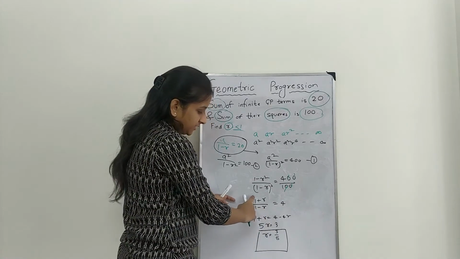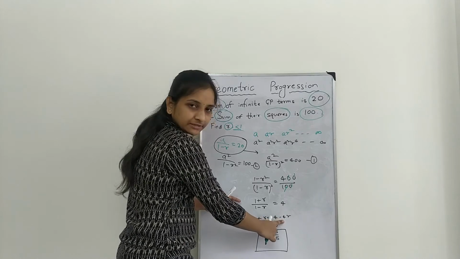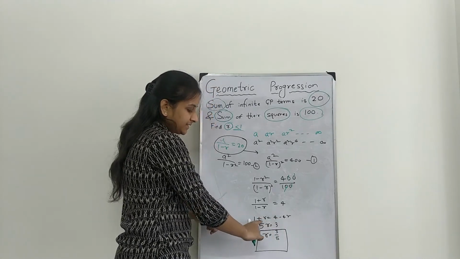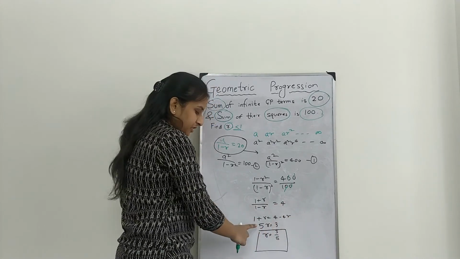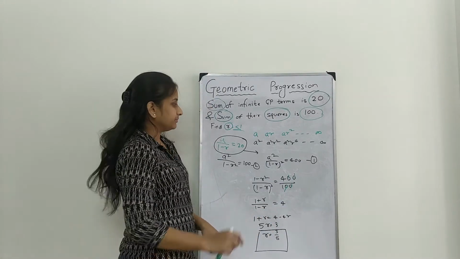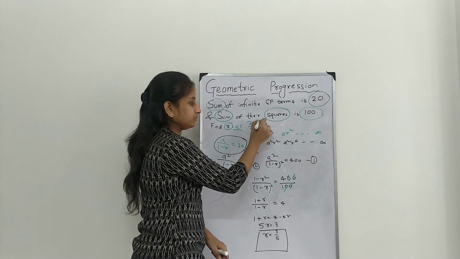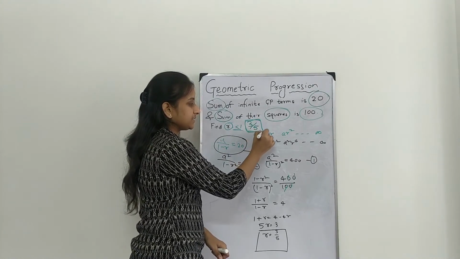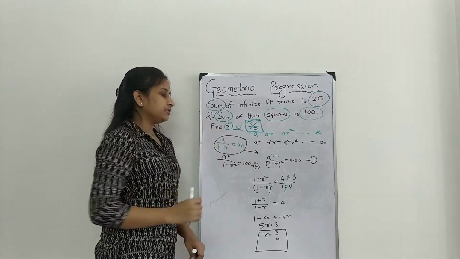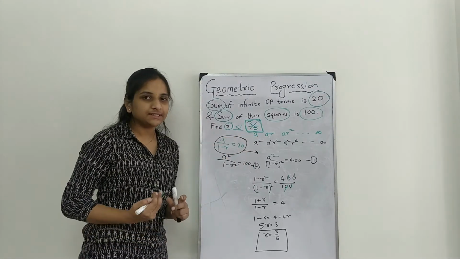Cross multiplication, 1 plus R is equal to 4 minus 4R. 4R I am sending this side and 1 that side. So 5R is equal to 3. R is equal to 3 by 5. So our R value is 3 by 5. This is our answer. As you can see, notice here R is less than 1. Our answer is correct.